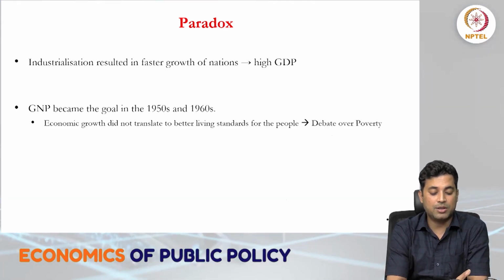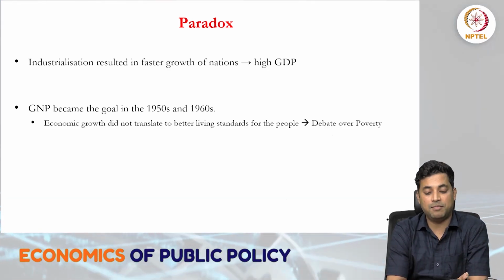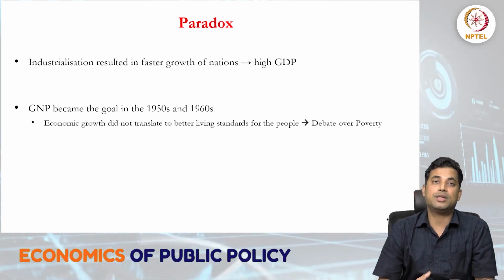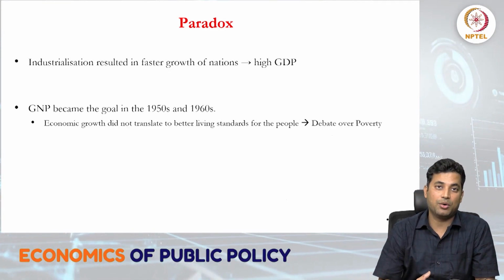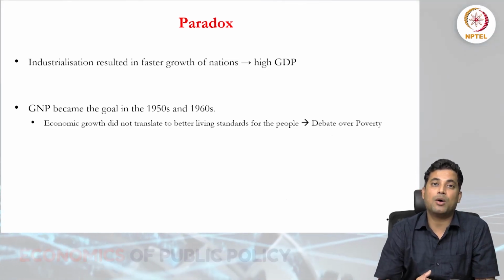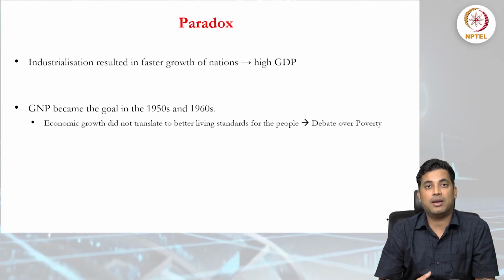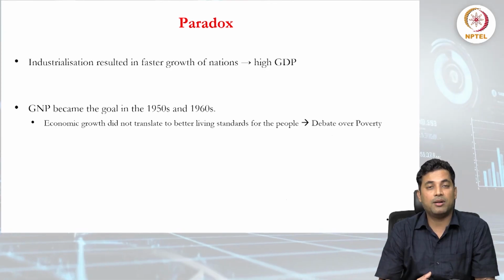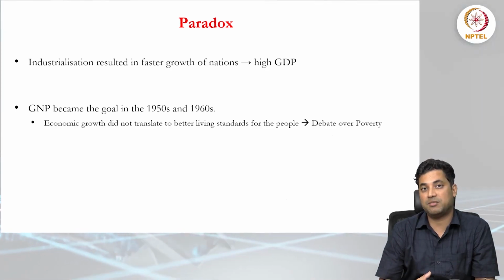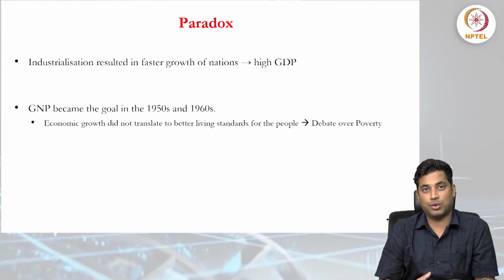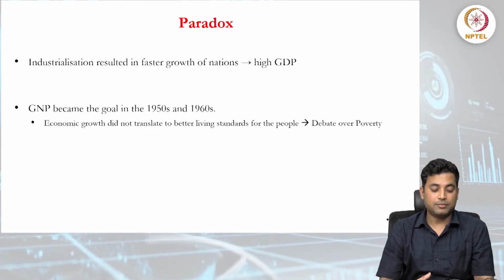And GNP became the goal in the 1950s and 1960s, and in this context we also discussed the Harrod-Domar growth model and also the Solow growth model, where we spoke about how savings rate and incremental capital output ratios are important, and savings and investments are important for Harrod-Domar as well as in the Solow growth model.